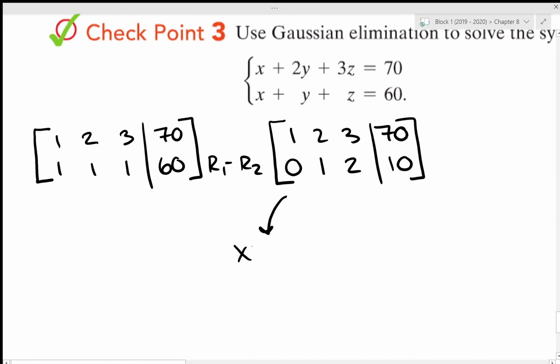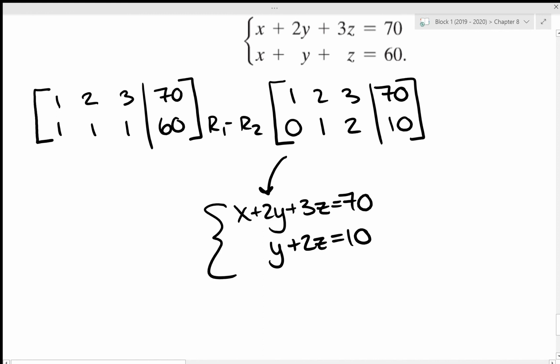So, x plus 2y plus 3z equals 70. And then y plus 2z equals 10. So since there's only 2 equations and 3 variables, I'm going to say that z can be anything it wants. And I'm going to solve for y and x in terms of z.